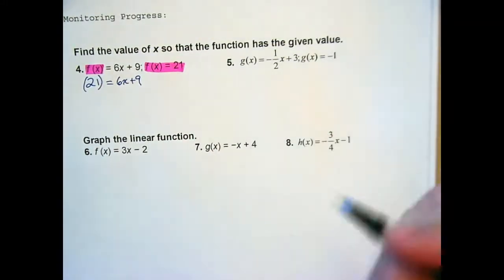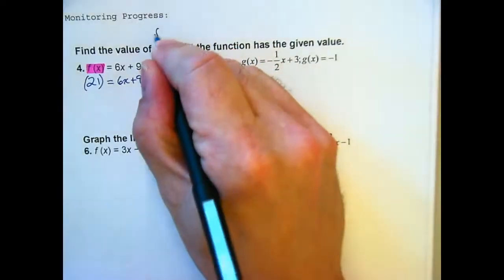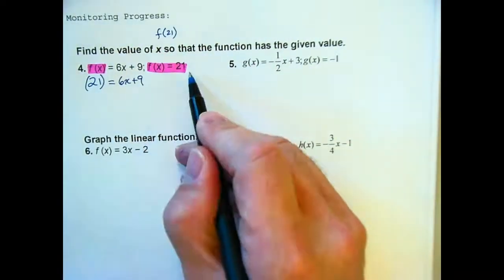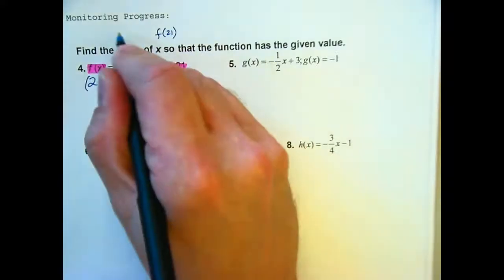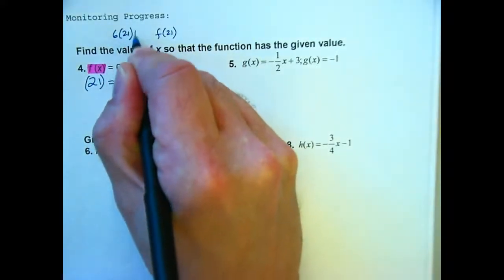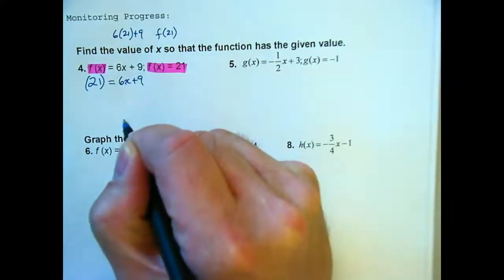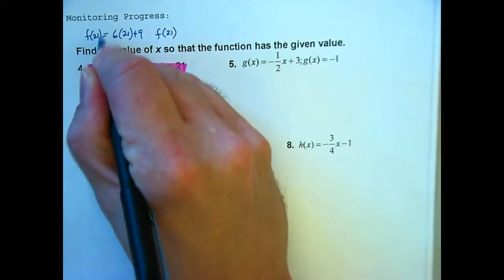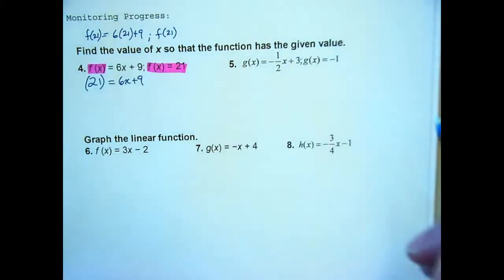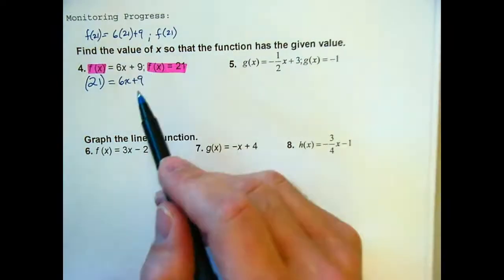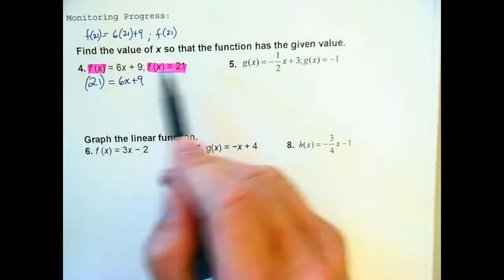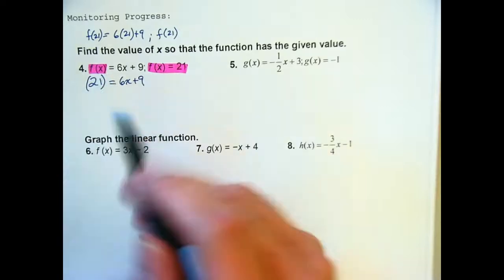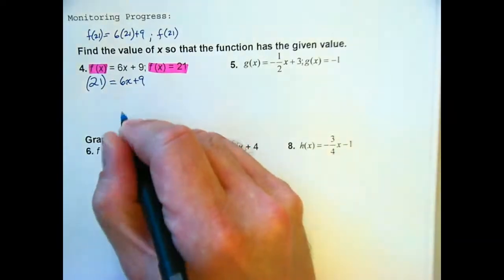The difference between f of 21 and f of x equals 21: f of 21 would actually say 6 times 21 plus 9. That's f of 21. So note the difference between the two. This one says f of x equals 21. That means you're inputting right here in your f of x and then looking for an output.